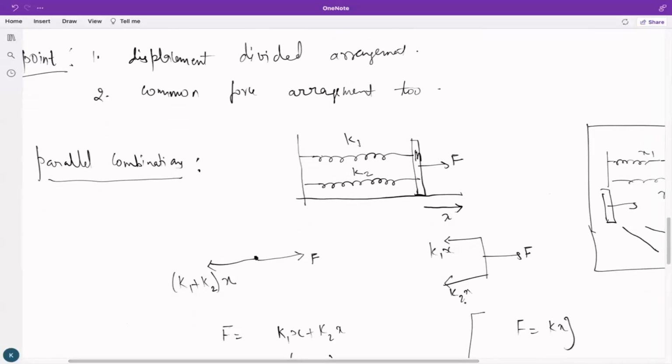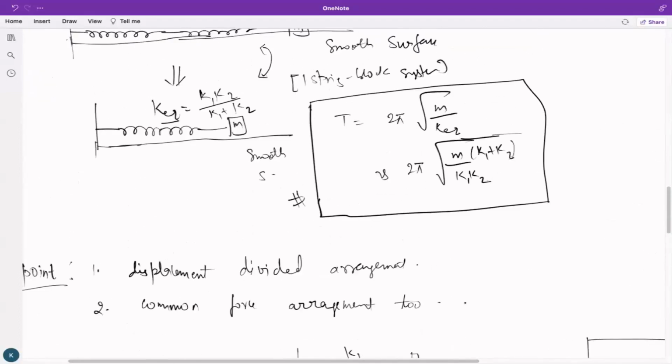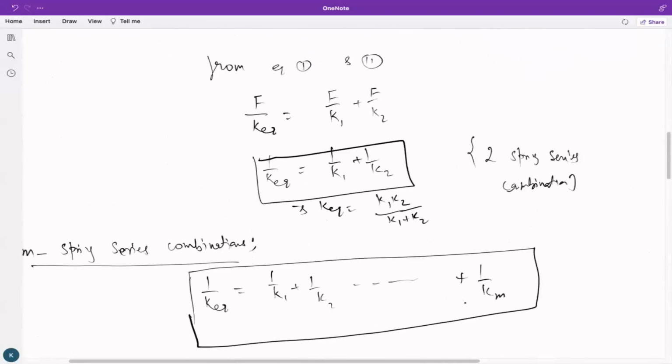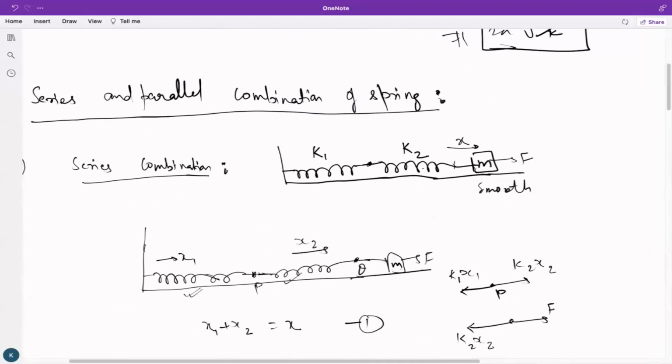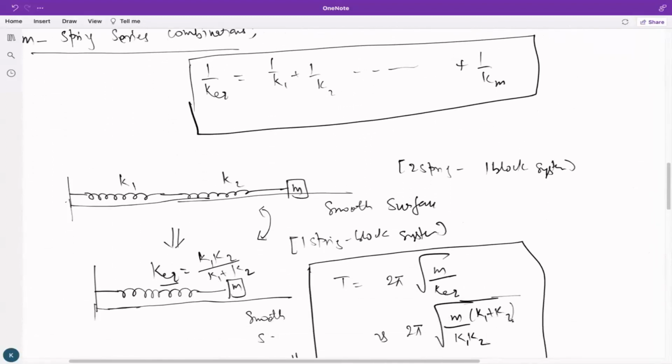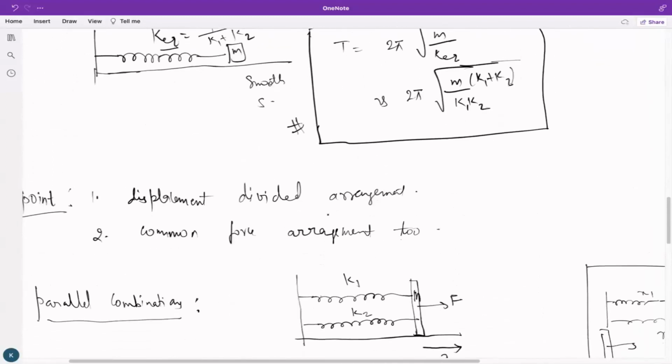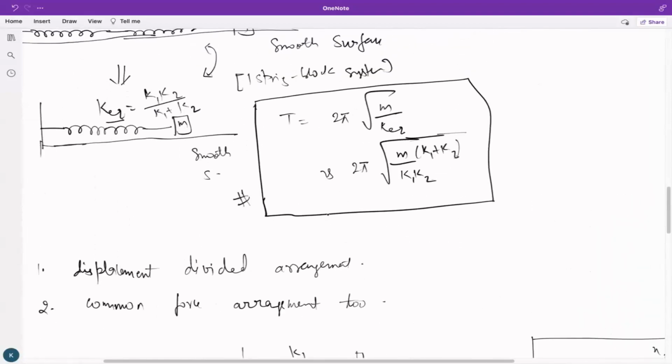So this parallel combination arrangement is a force divider arrangement and common displacement arrangement. And our series is a common force arrangement and displacement divider, right? So these are things that you have to keep in mind.